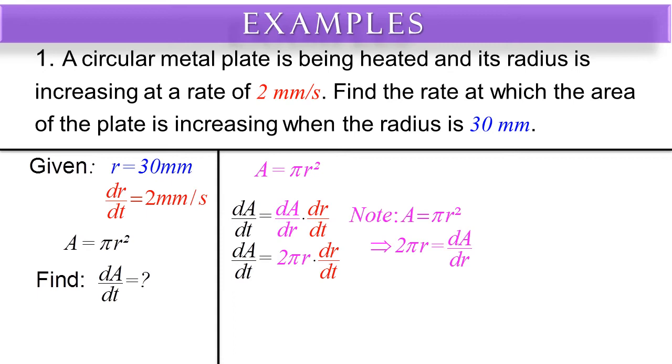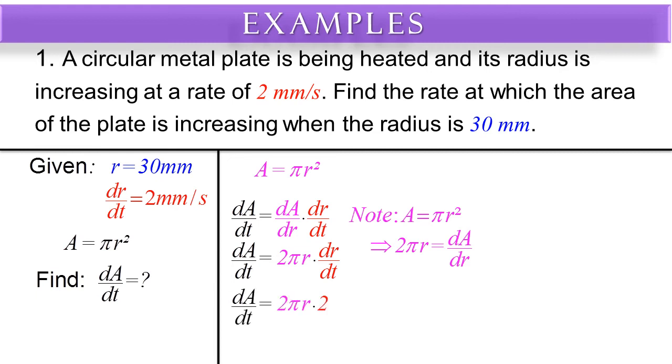So the area is equal to pi r squared. Now, to get dA/dr and also dr/dt, which is needed because the radius is given, we get the derivative of the area of the circle with respect to time. So we have dA/dt equals 2 pi r times dr/dt.